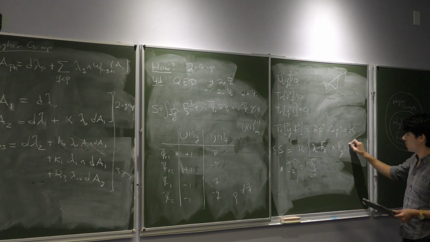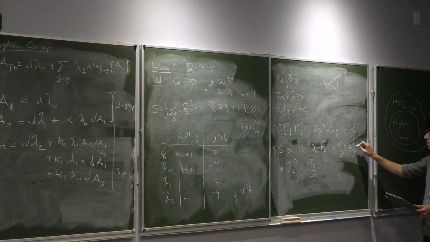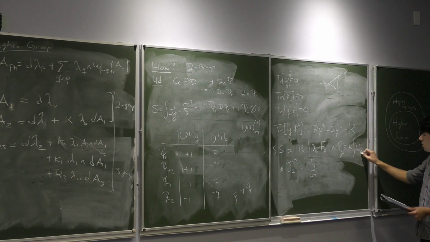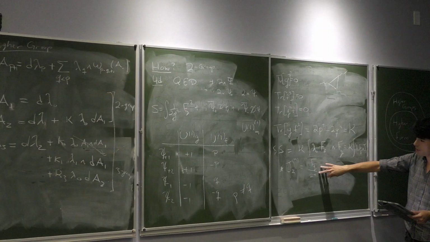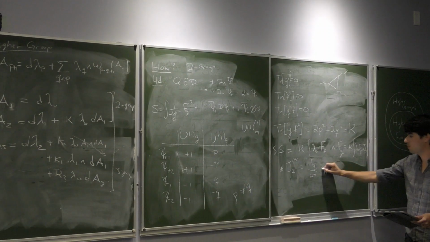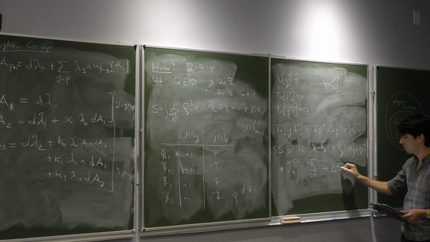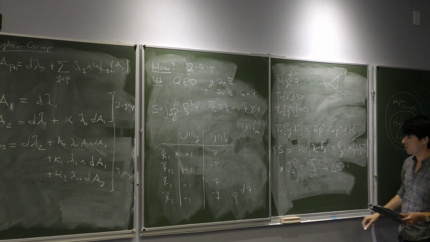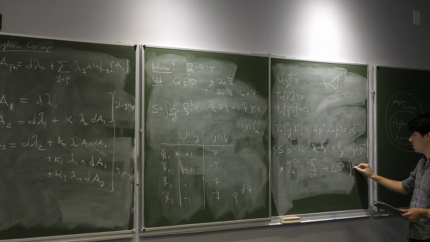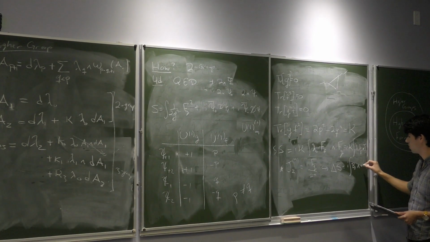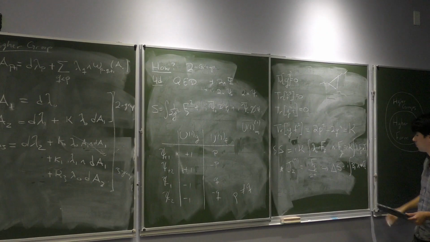So you can really write this as kappa times lambda 0 F, so F wedge J. And now we know that if you turn on a background gauge field for this symmetry, you add a term to the action, which is I B2 wedge star J2.